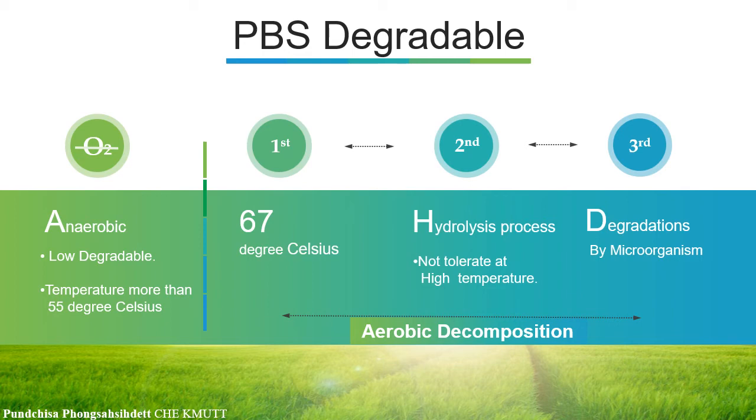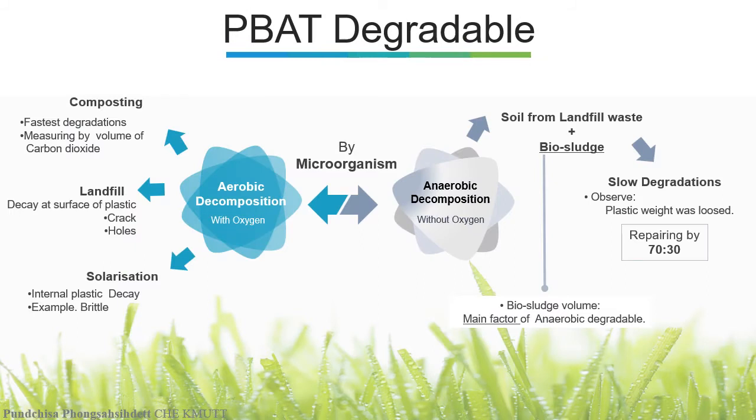Then the hydrolysis process occurs. This kind of biodegradable plastic is not tolerant of high temperature and can absorb water. So the last step of PBS biodegradation is degradation by microorganisms.